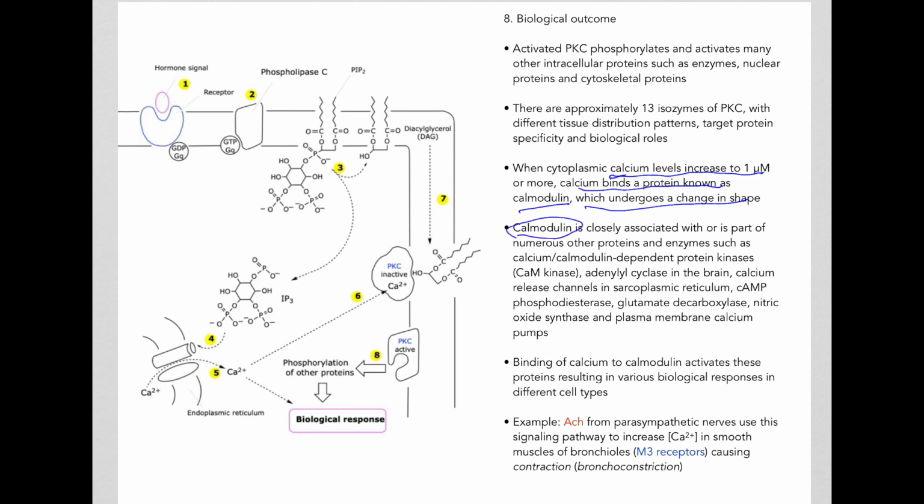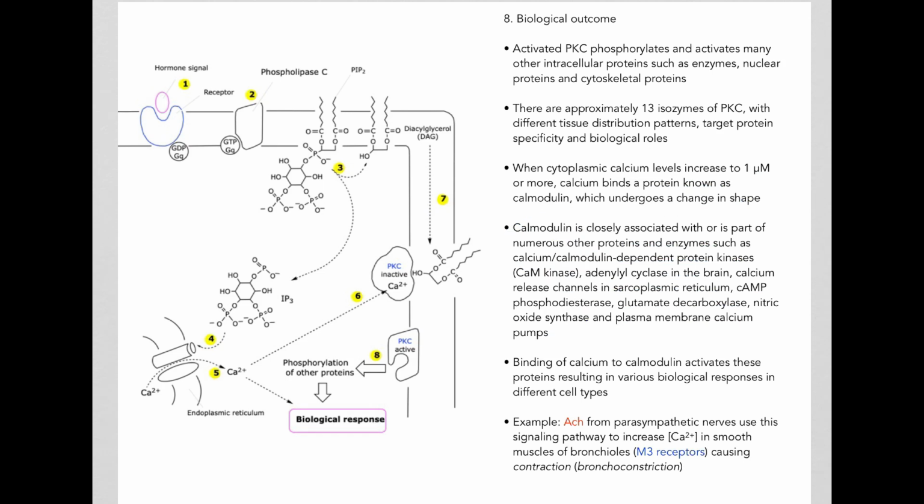Calmodulin is associated with, or is part of, numerous other proteins and enzymes such as calcium calmodulin dependent protein kinases, or CAM kinases, adenyl cyclases in the brain, calcium release channels in sarcoplasmic reticulum, cAMP phosphodiesterase, glutamate decarboxylase, nitric oxide synthase, as well as plasma membrane calcium pumps.